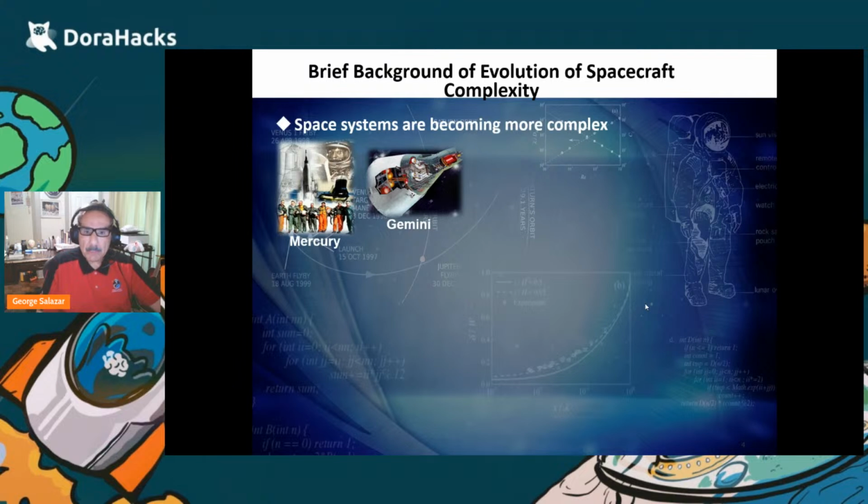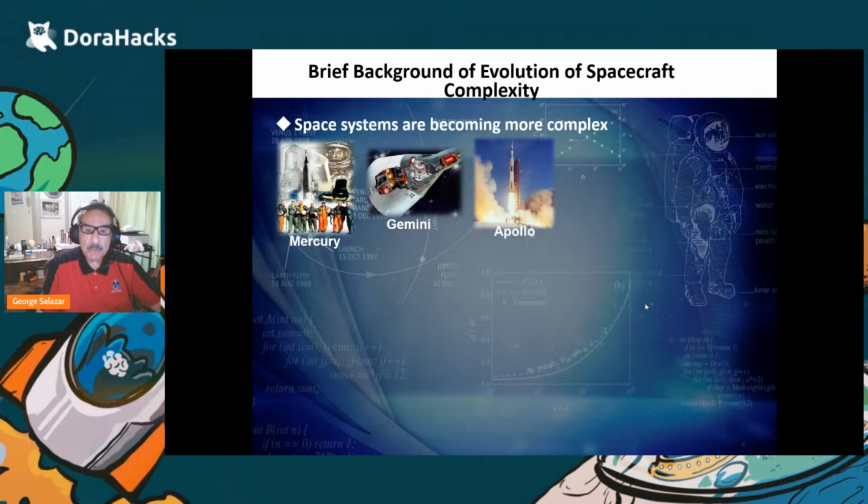So the complexity in human interfaces increased quite a bit, going to somewhere in the vicinity of 250 switches for controlling Gemini. And then, of course, Apollo, which took us to the moon. And that one was really complex, despite the early technology at the time. The command module had somewhere in the vicinity of 750 control switches.